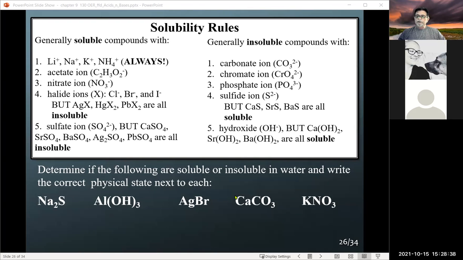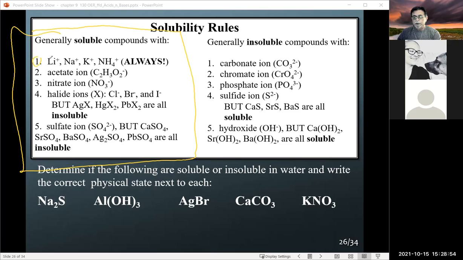Here are the tables, and this is how it works as far as reading the table. We have 2 columns here. The first column is the soluble column. Number 1, I call these the big 4 cations.